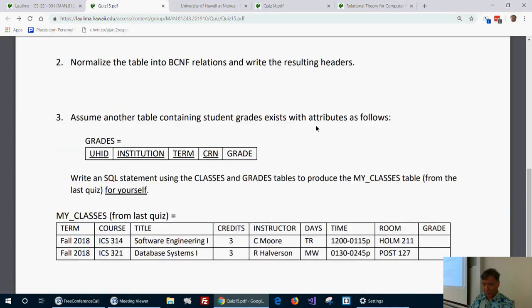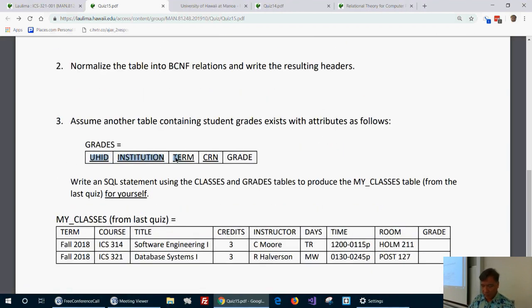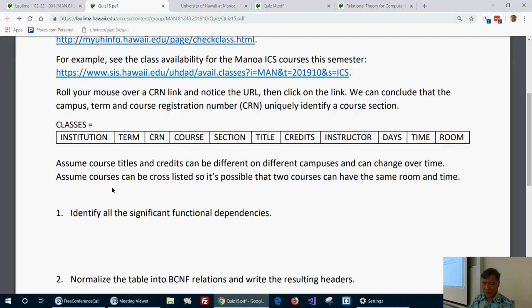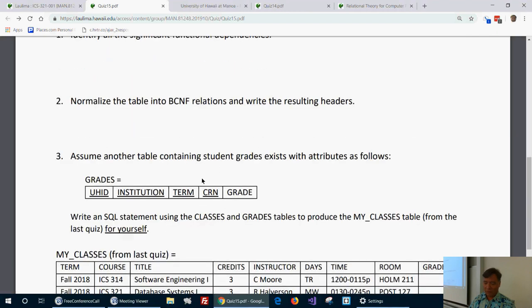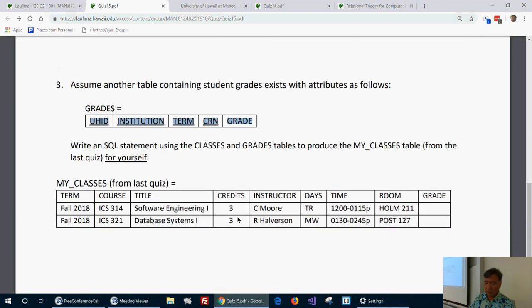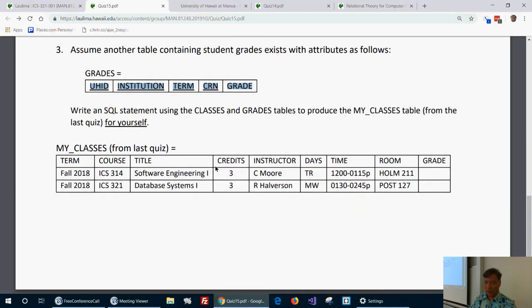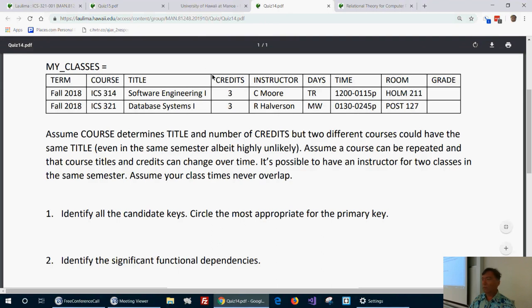So let's say you have this table and you have this table. You have this table for all the courses in the world since you've been here, and this table for all the courses that you ever took. What I want you to do is give me the SQL statement to produce this table.